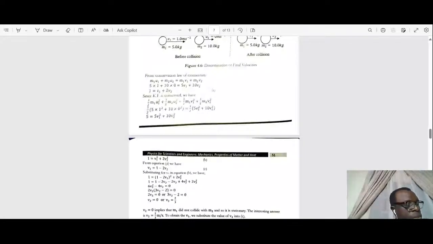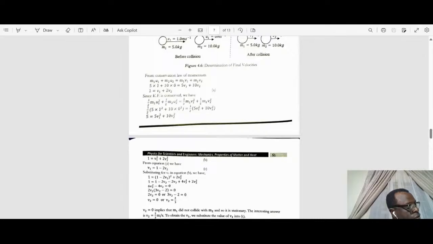So from A, we are solving it by substitution. You make V1 the subject from equation A. Equation A said that 1 is equal to V1 plus 2V2.